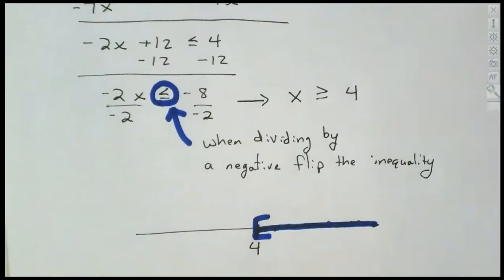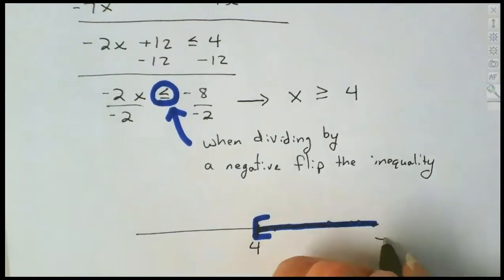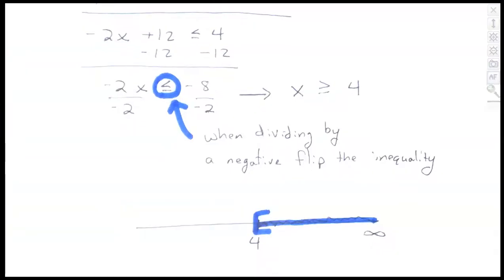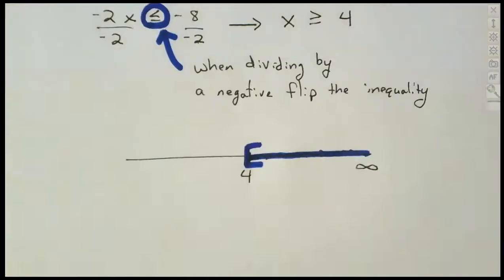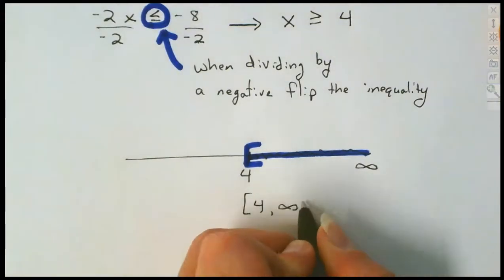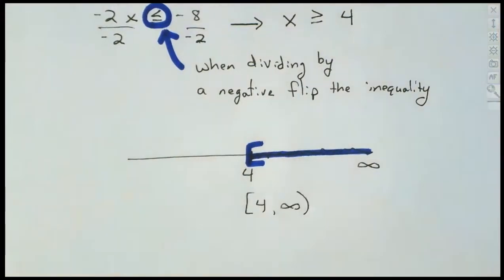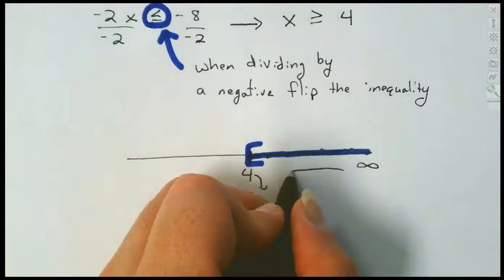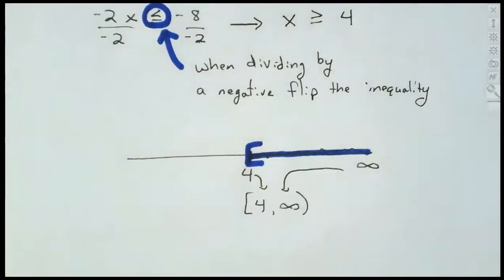When it goes out to the right, what does it go to? Positive infinity. And what does that look like now in interval notation? Well, it looks like square bracket 4, comma, infinity. Make sure they come off the number line in the exact same order.